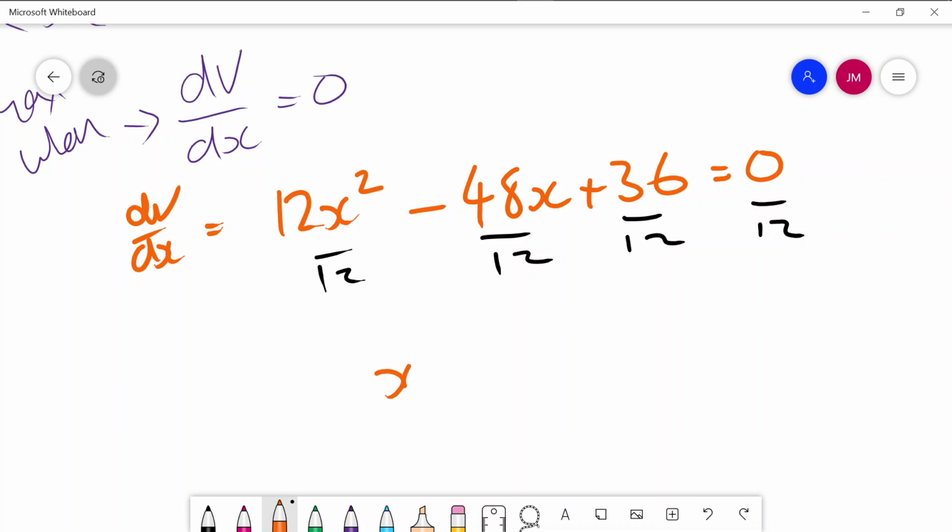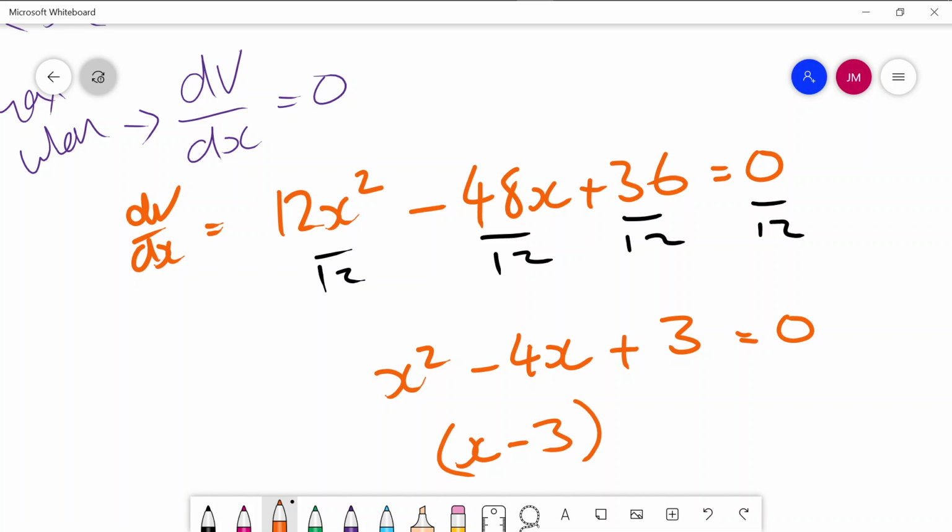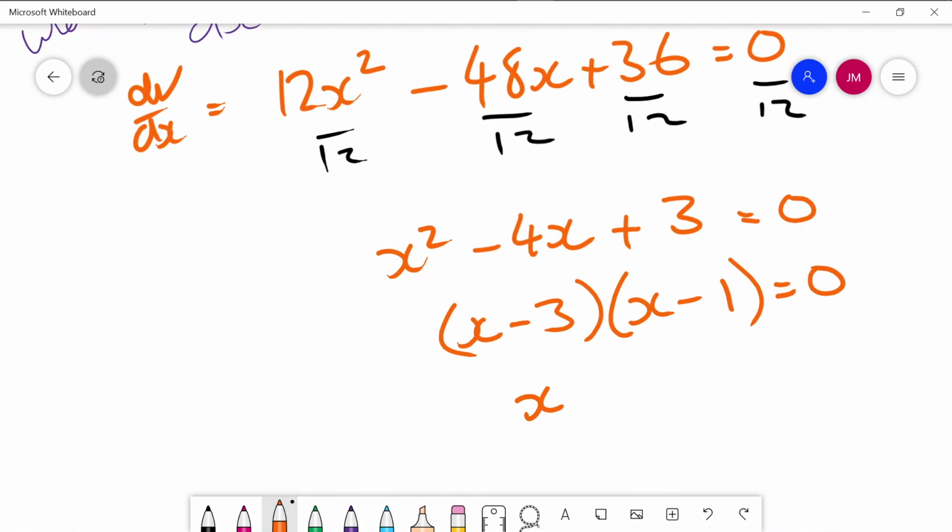We end up getting x squared minus 4x plus 3 equals 0. So factors of 3 that add up to negative 4. So it'd be negative 3 and negative 1 equals 0. So therefore, we have stationary points at x equals 1 and x equals 3.